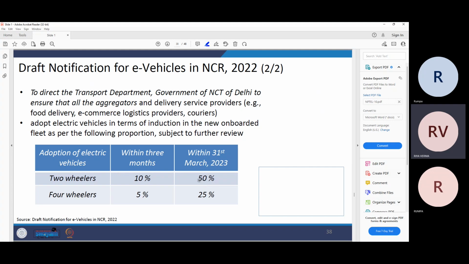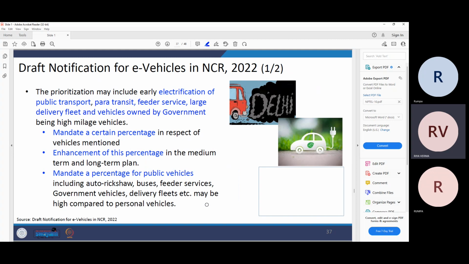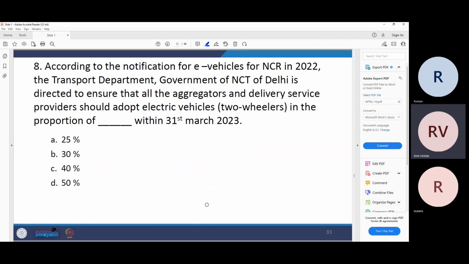That is, 50% of total two wheelers that they have should be electrical, and 25% of total number of four wheelers should be electric. And this was done with the purpose of reduction of the air pollution problem in the Delhi NCR region. So here it is, by 31st March, 50% of two wheelers should be electrified in Delhi NCR region. This will be the answer.